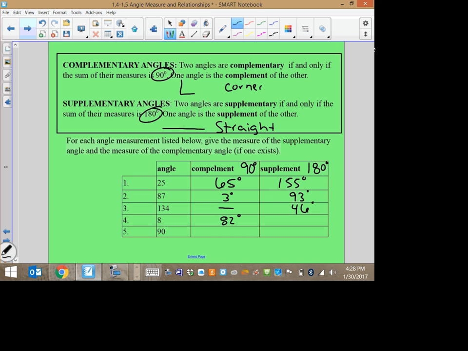And the supplement of 8 degrees is 172 degrees. And the complement of 90 is 0 degrees because you're already at 90. And the supplement is 90 degrees. So on that one, think about two right angles adding up to be a straight angle or 180 degrees.